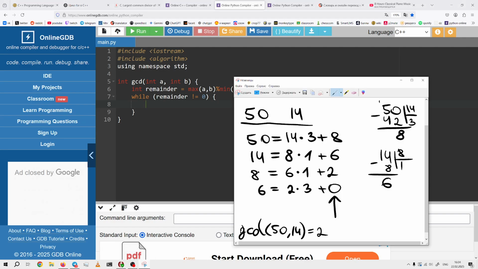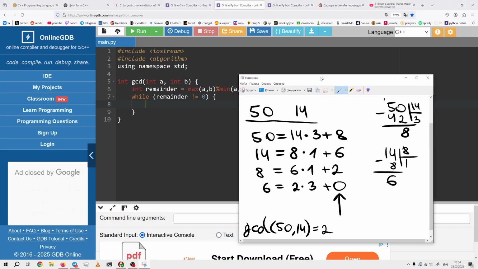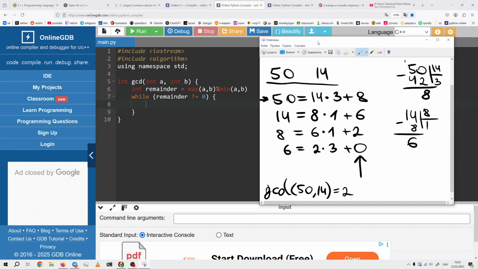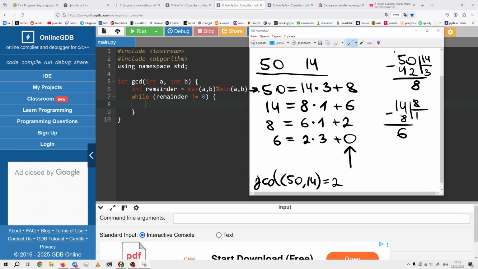Look, for example, this row is actually this one. Like this, we got some remainder 8 on this step. So what do we need to do next? We need to find the next remainder, and what it consists of.